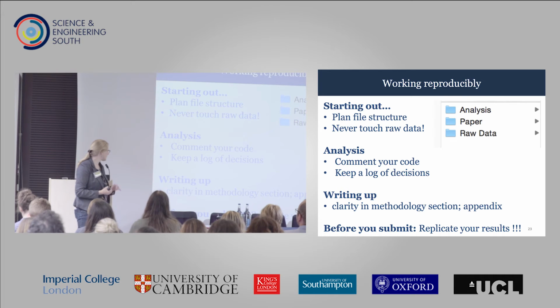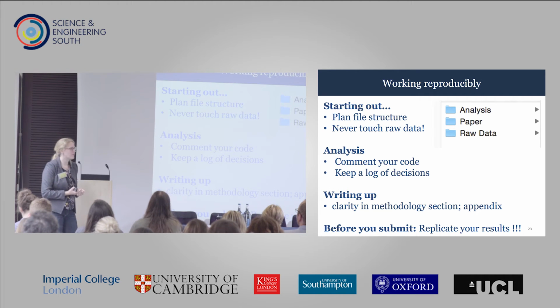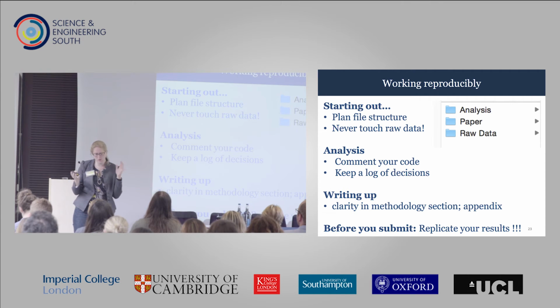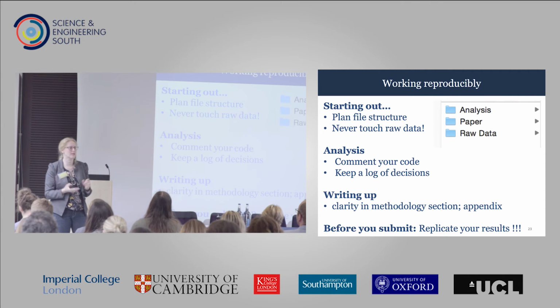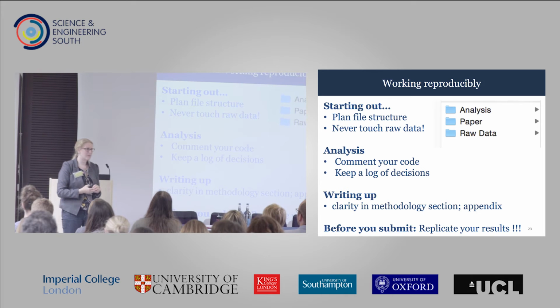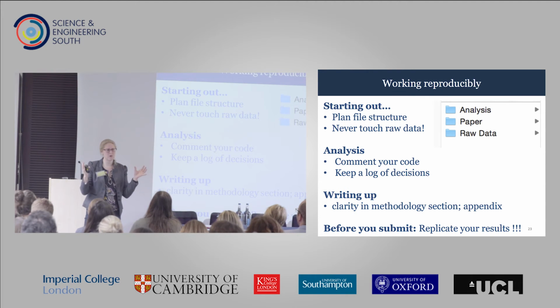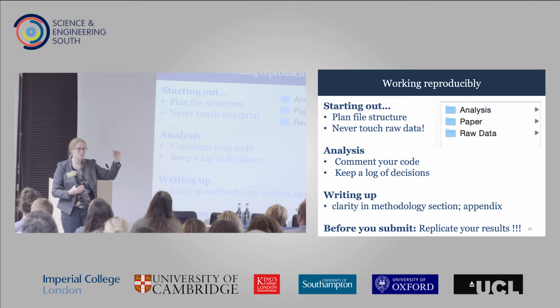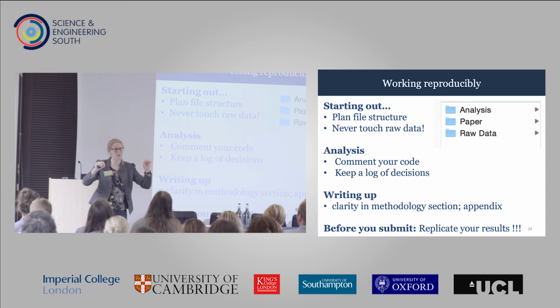For writing up, it's really important to stay clear in the methodology section. I've published a symposium, like a forum, in the journal International Relations, and in this symposium there was a paper on how good methodology sections are in the field. They just looked at how clear they are. Can you replicate a paper from just the methodology part?